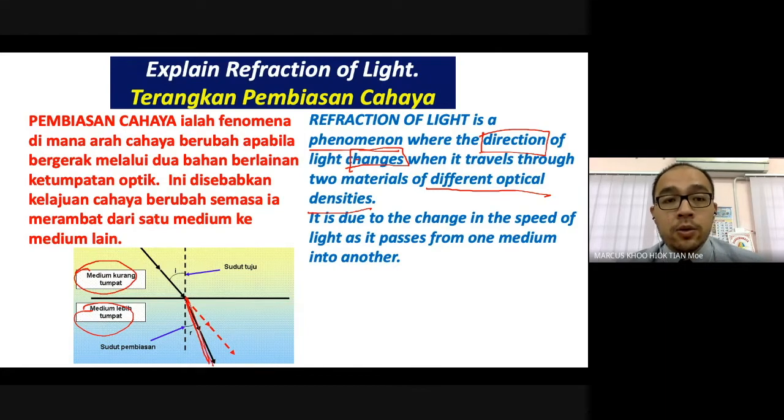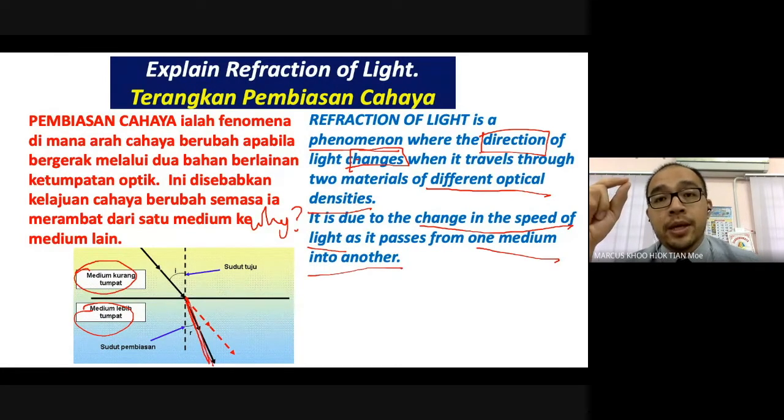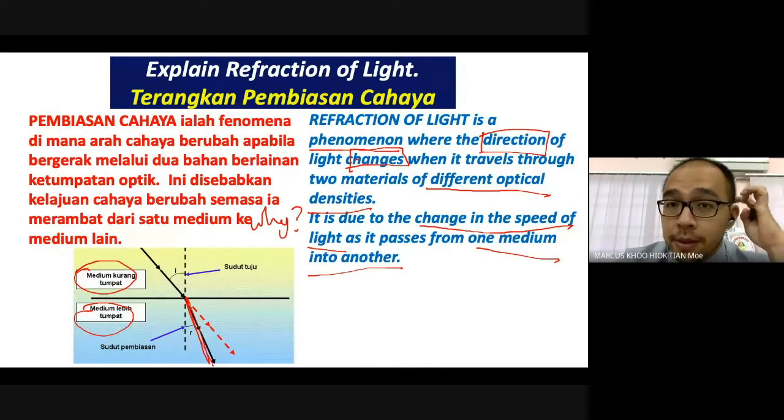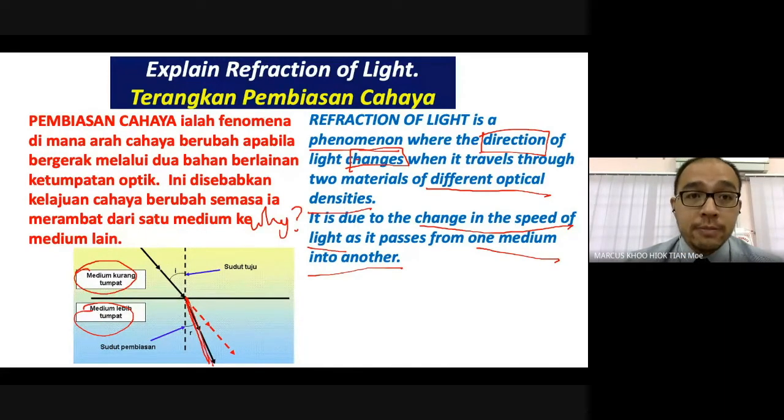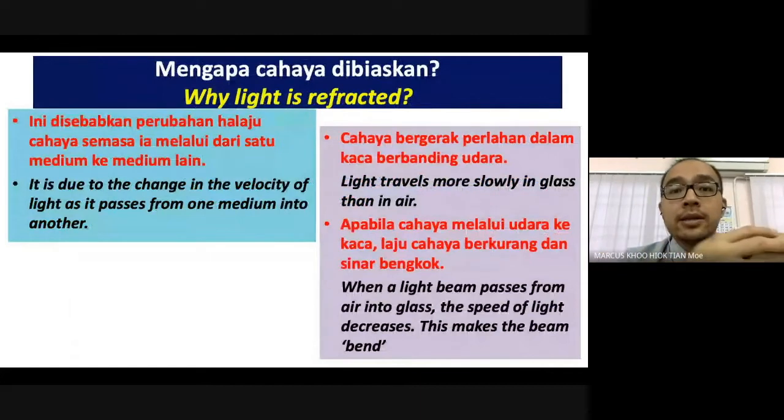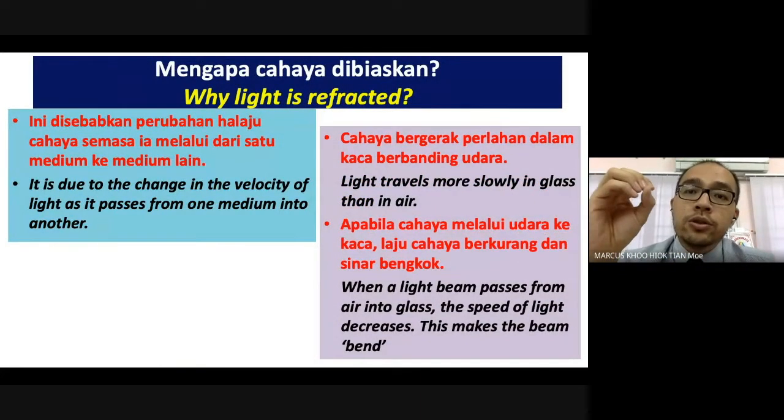Now why does the light change direction? It is because there is a change of speed of light when it passes from one medium into another. The best way to think about this is to think of an object that is going through traffic.